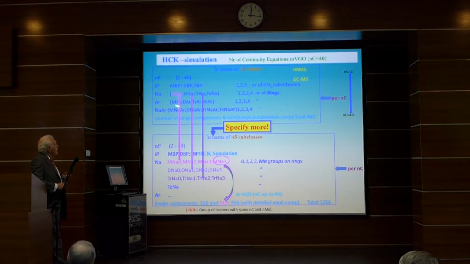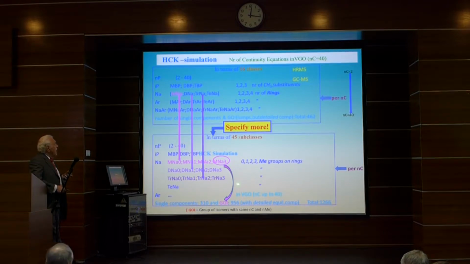Here's the mononaphthenic, and I have to specify that more, as I said, because this is a lump, and I have to decompose that lump into mononaphthenic and the various isomers of those.